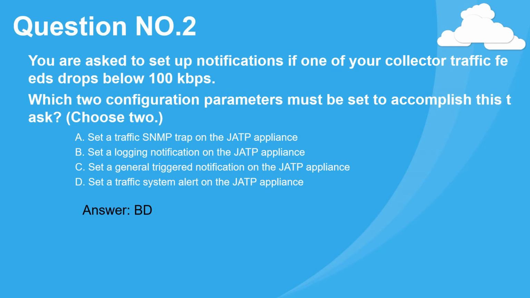B. Set a logging notification on the JATP appliance. C. Set a general triggered notification on the JATP appliance. D. Set a traffic system alert on the JATP appliance. Answer B, D.